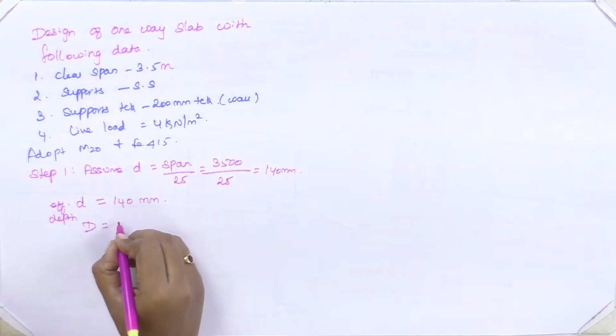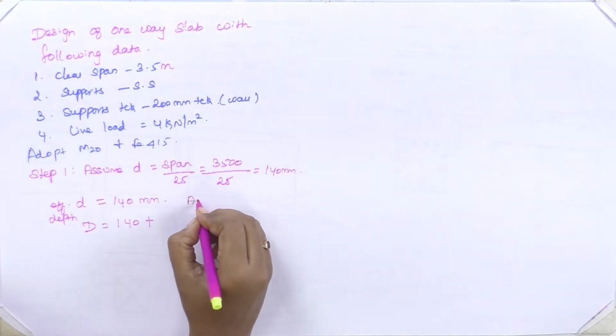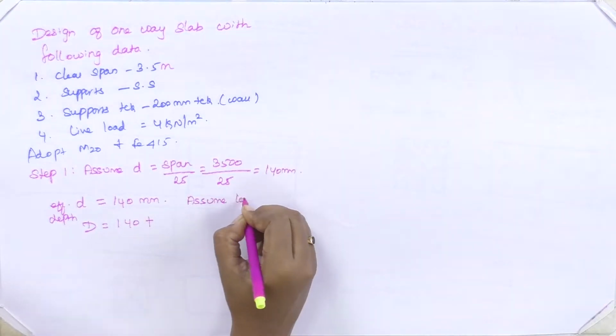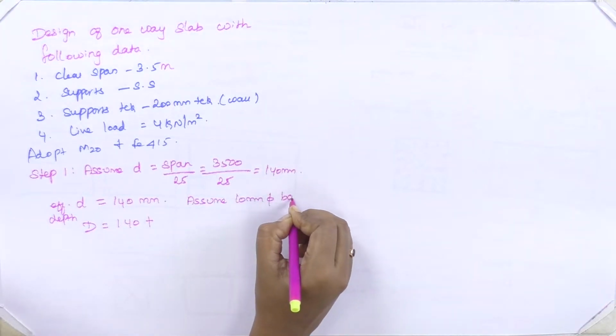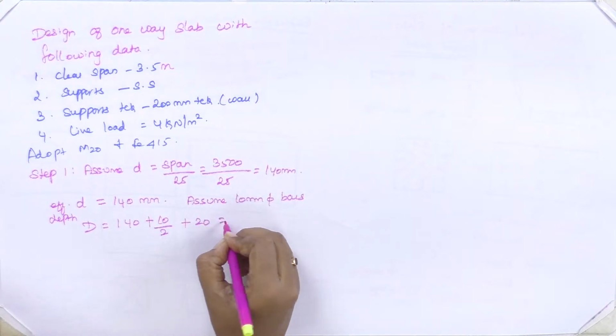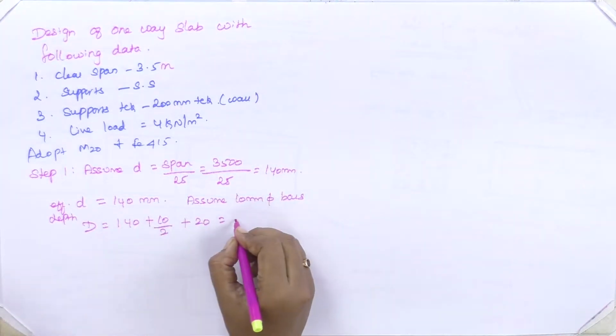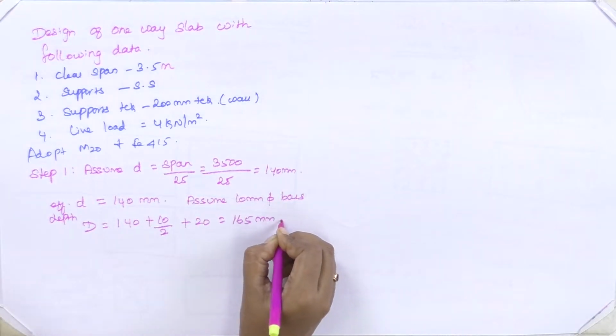Capital D is equal to 140 plus, assume 10 mm dia bars, so I can write 10 divided by 2 plus 20 mm. I'll get around 165 mm.